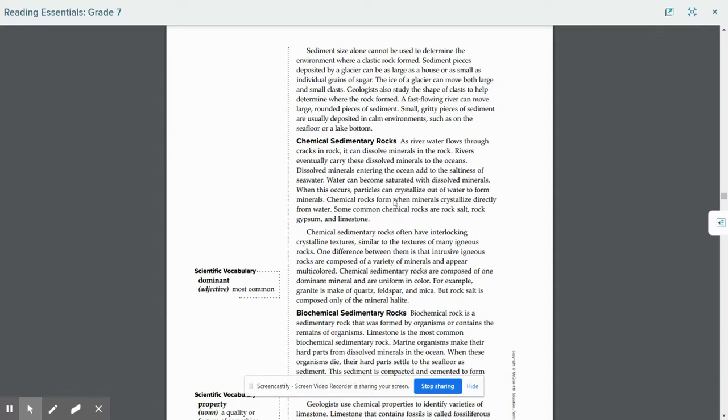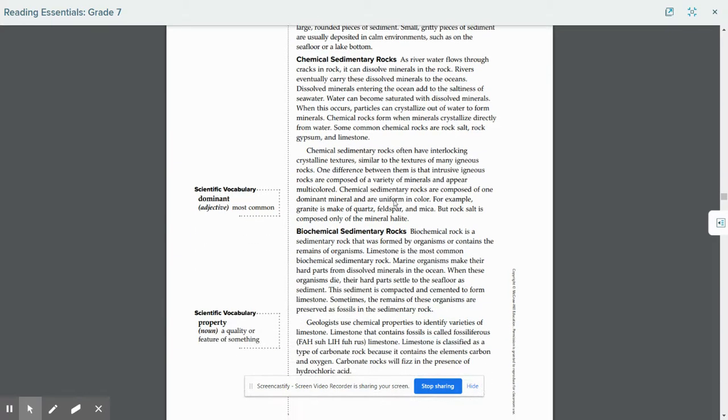Chemical rocks form when minerals crystallize directly from water. Some common chemical rocks are rock salt, rock gypsum, and limestone. Chemical sedimentary rocks often have interlocking crystalline textures similar to the textures of many igneous rocks.